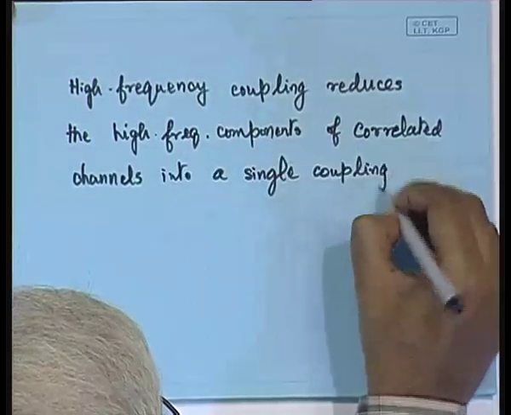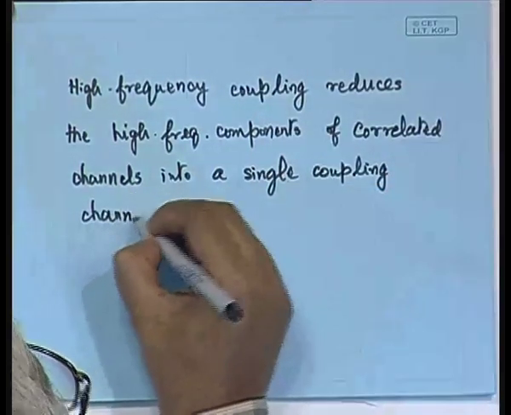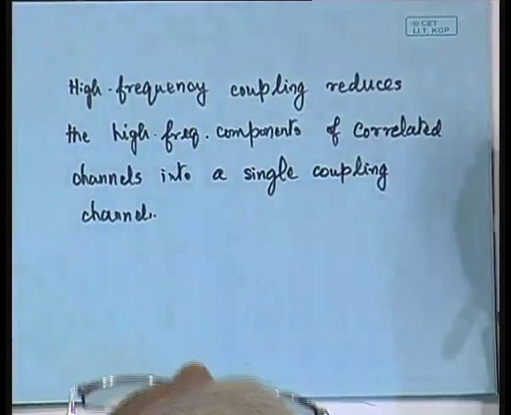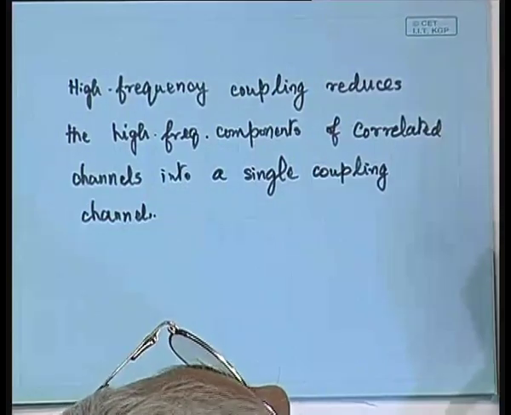And this is intuitively obvious also, that after all what are these channels? These channels are derived from the same sound source. It is not that these are independent sources.